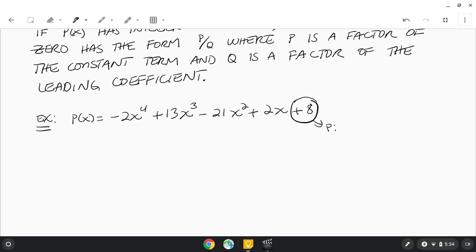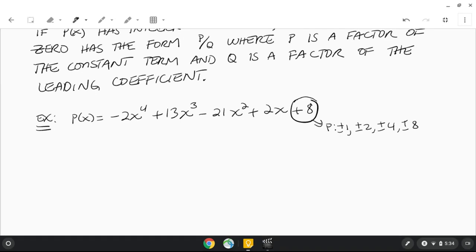So both positive 1 and negative 1 are factors, positive 8 and negative 8 are factors. So plus or minus 1, plus or minus 2, plus or minus 4, and plus or minus 8.